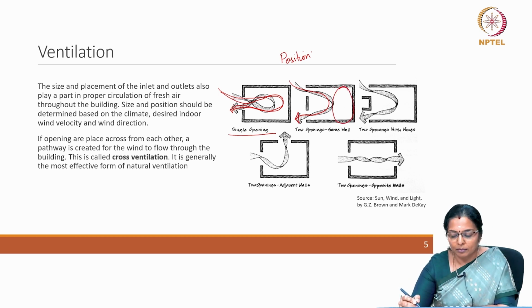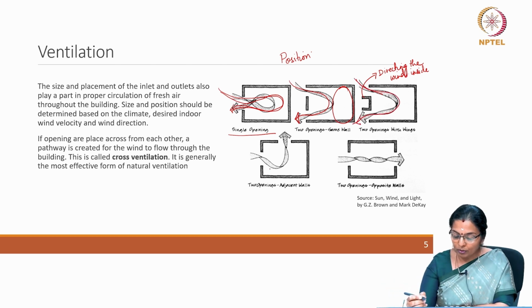non-ventilated space nearby. If you have openings with wings, these wings help in directing the breeze inside, in directing the wind inside. So, it helps facilitate and directs the wind inside and the wind goes out.